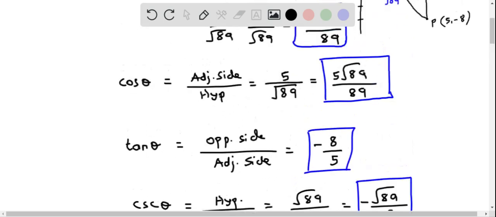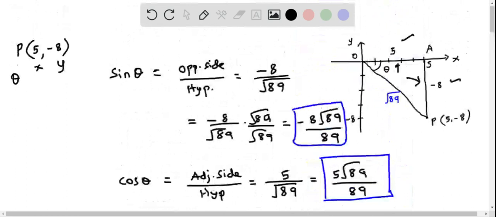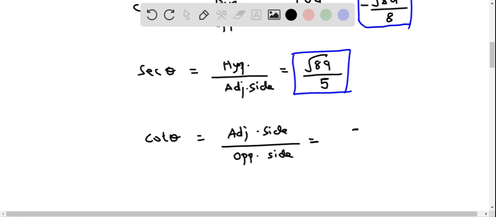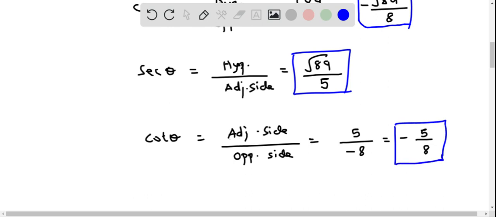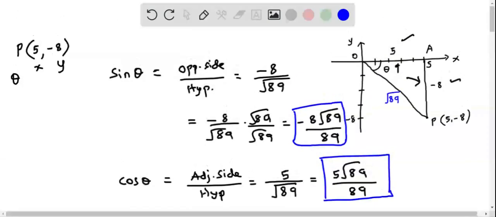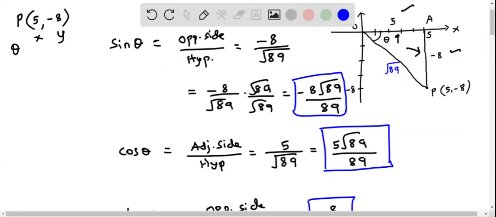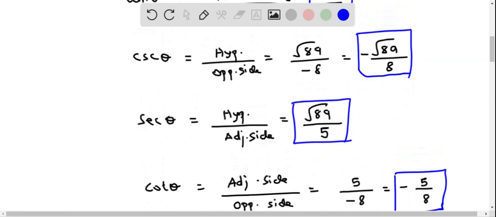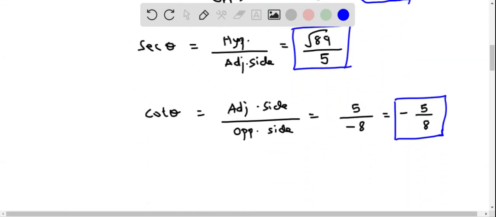The adjacent side to theta is 5, and the opposite side is negative 8. So we can write this as negative 5 over 8. So this is the value of cotangent theta. So we have determined all the trigonometric ratios, that is sine theta, cos theta, tan theta, cosecant theta, secant theta, and cotangent theta.